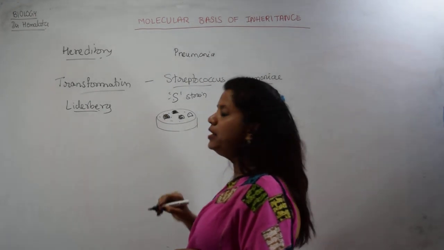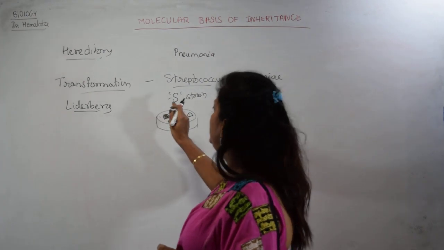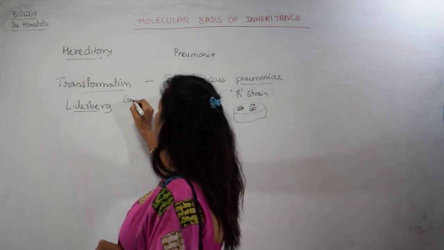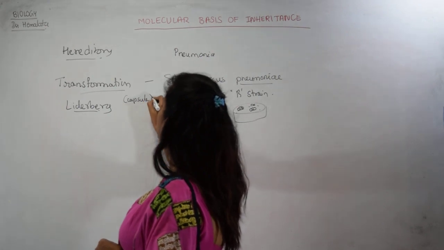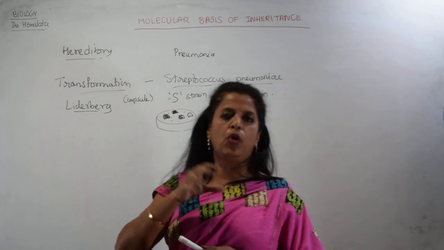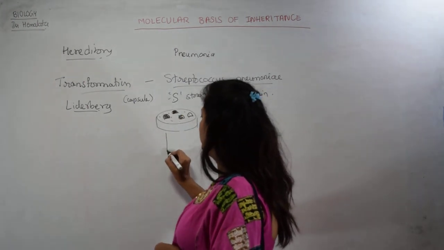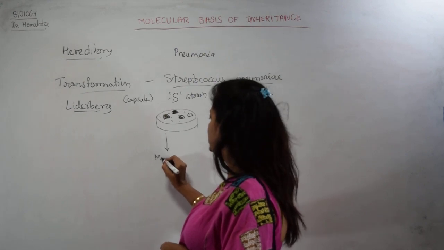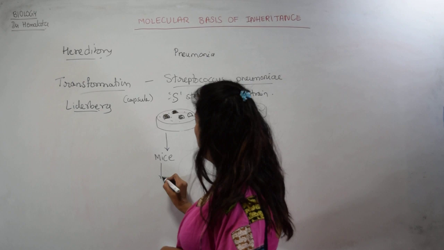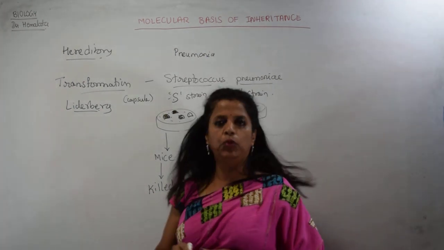Now, S strain bacteria form smooth colonies because these bacteria are capsulated. They contain a capsule around the bacterial covering, a covering made up of mucopolysaccharide. When these bacteria were injected into mice, the mice developed pneumonia and were killed.